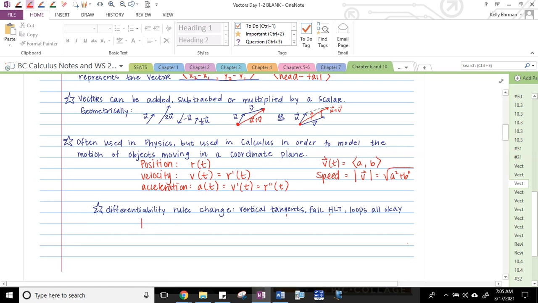So if the parametric curve is smooth, it's differentiable, meaning it has a derivative. But if it's not smooth, like having cusps or having a sharp turn in general, it is not differentiable.